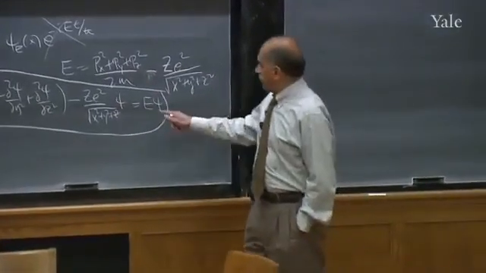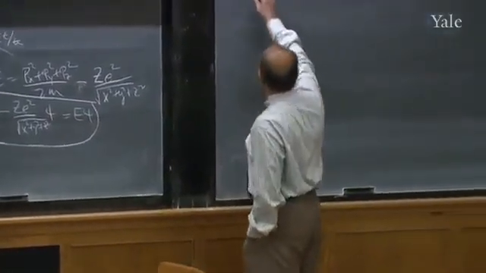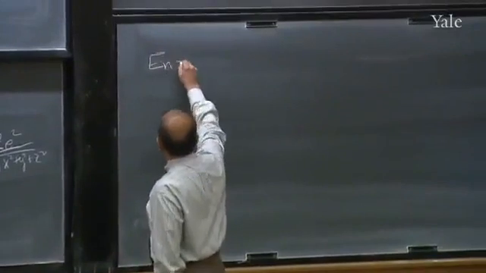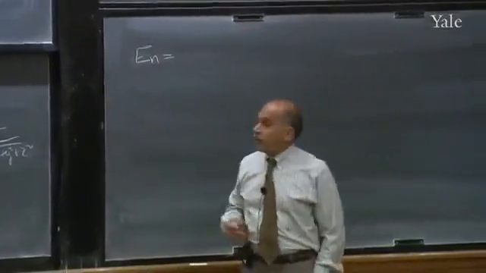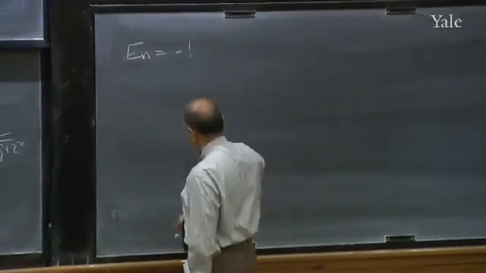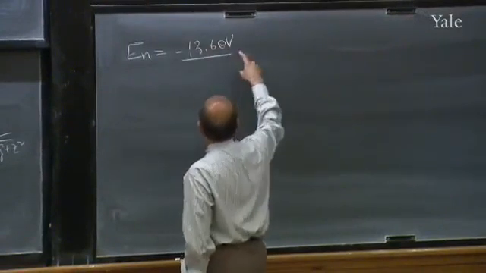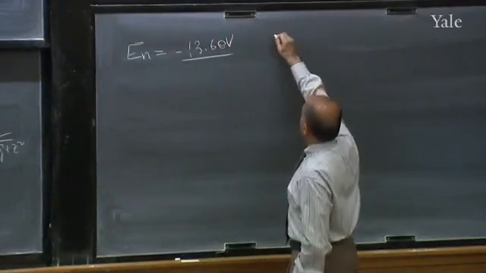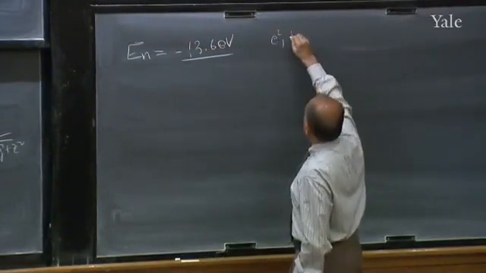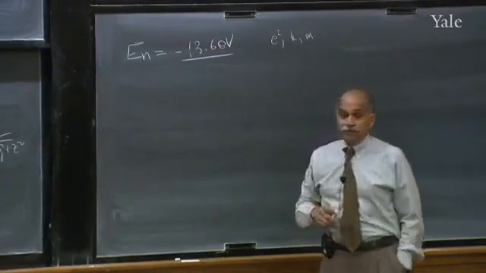If you solve this thing, what you find is that the energy can take only certain values. Those values have some number in front of them, 13.6 electron volts. That 13.6 electron volts is some combination of the electric charge, of Planck's constant, mass of the electron. Forget all that.